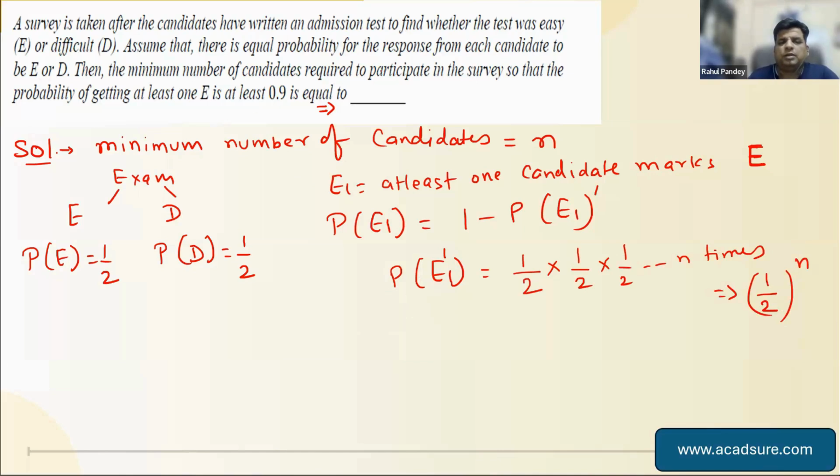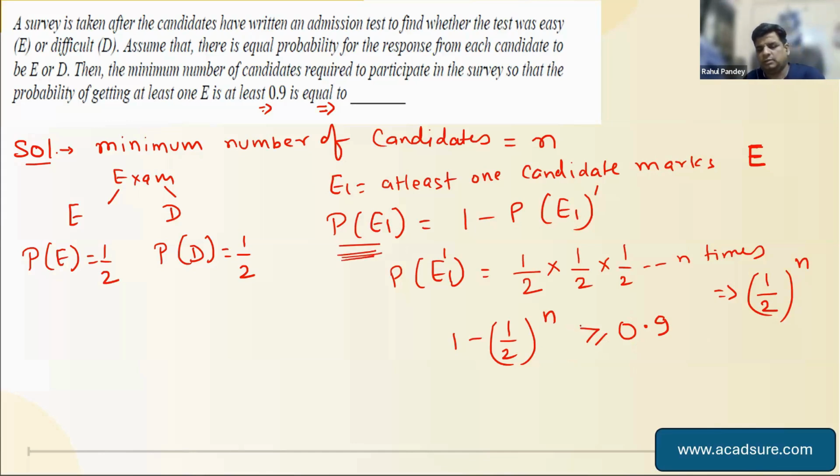So for the probability of at least one candidate marking it easy to be at least 0.9, it should be 1 minus 1 by 2 power n, that at least one candidate marks it as easy, should be at least 0.9. So this is the equation: 1 minus half power n should be more than or equal to 0.9. 1 minus half power n means at least one candidate marks the exam easy.